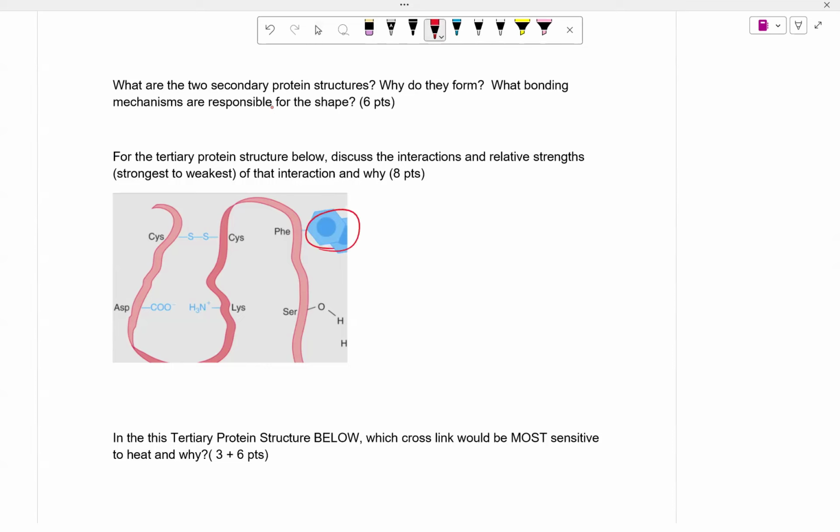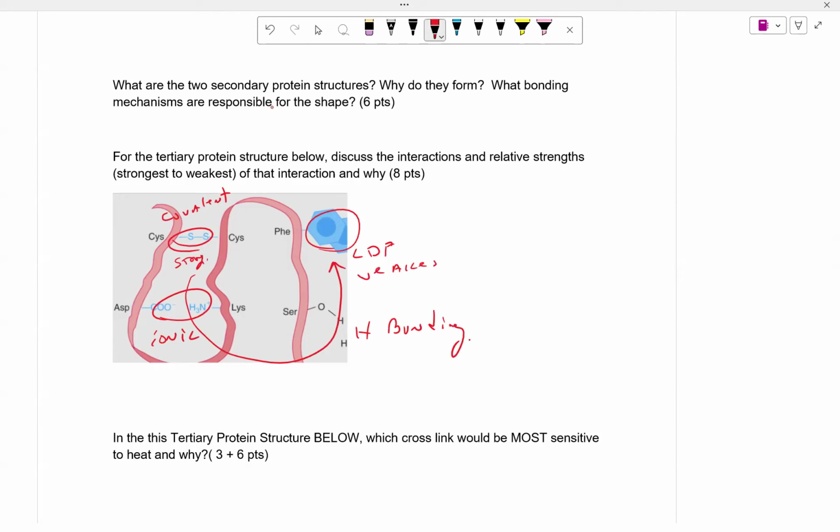these guys: LDF, covalent, ionic, and then H bonding. Strongest to weakest. LDF are the weakest intermolecular forces.